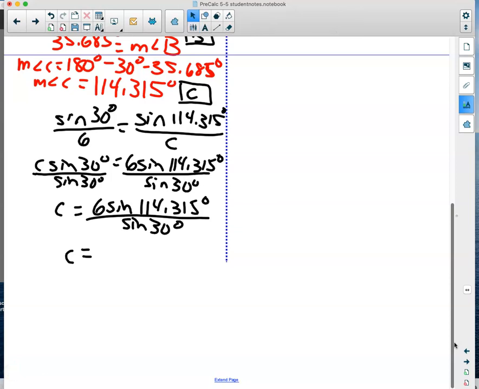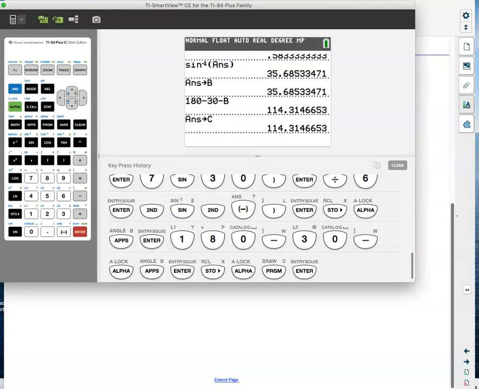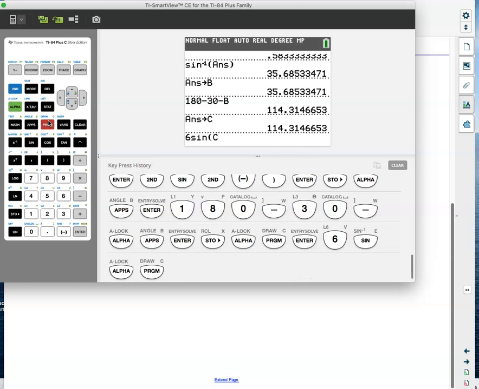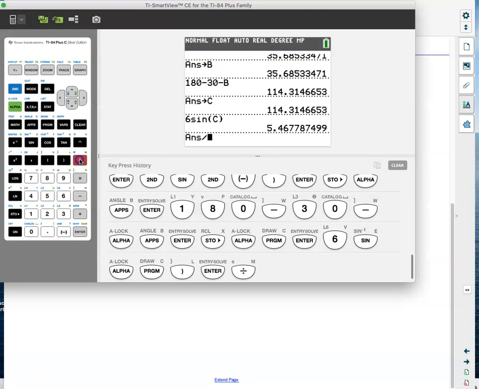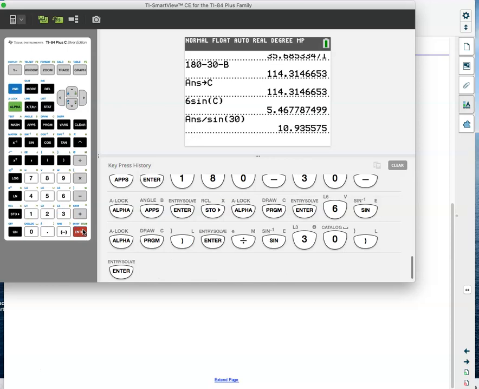So that was what was in my angle C. So I need 6 sine of C, and then I have to divide that by the sine of 30 degrees. 10.936 with rounding.